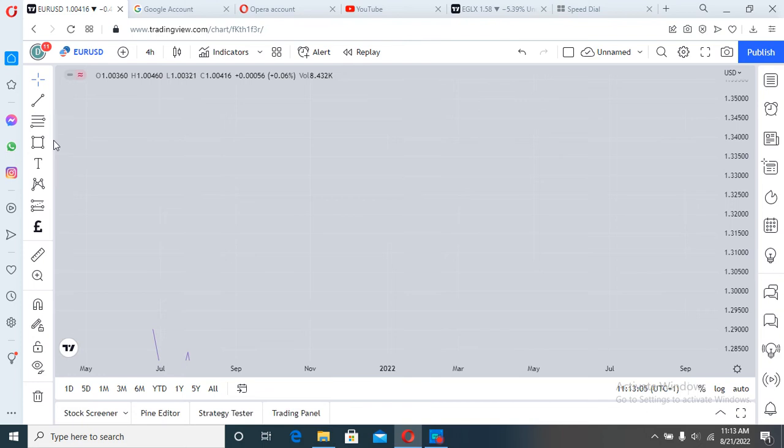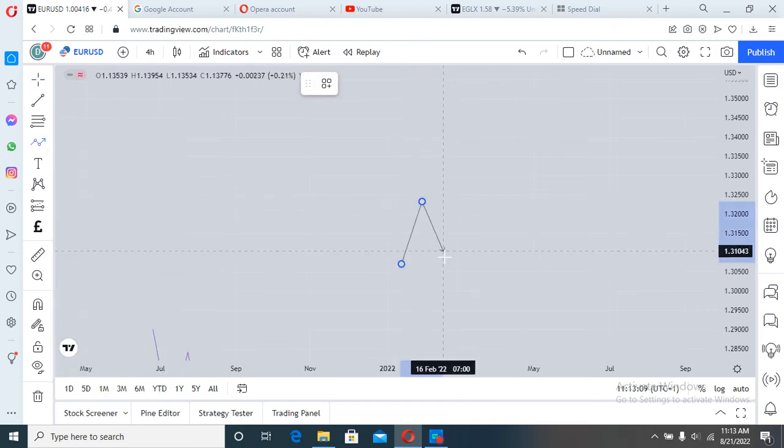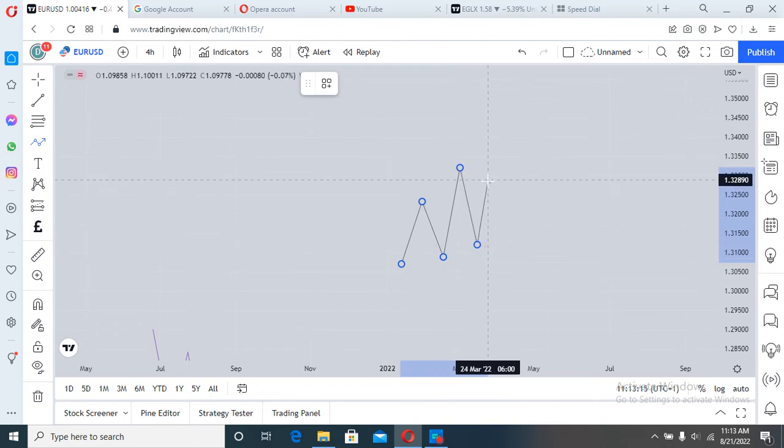Now for the continuation of the bullish structure, we are having higher highs, higher lows, higher highs, higher lows, higher high. We now have a lower low, like you say it broke this low right here.